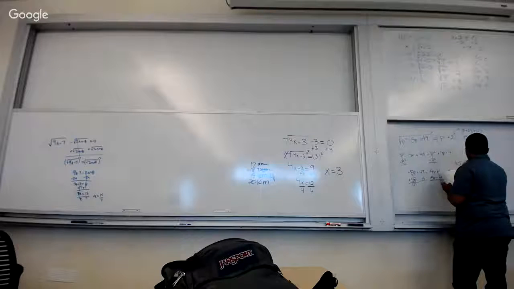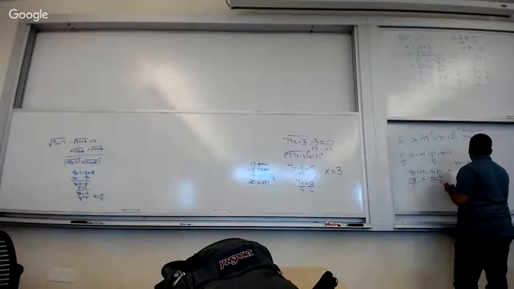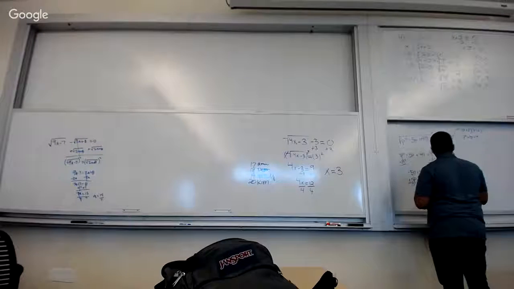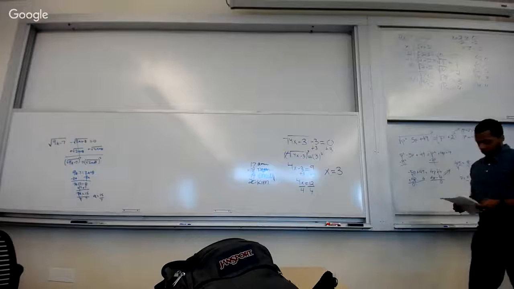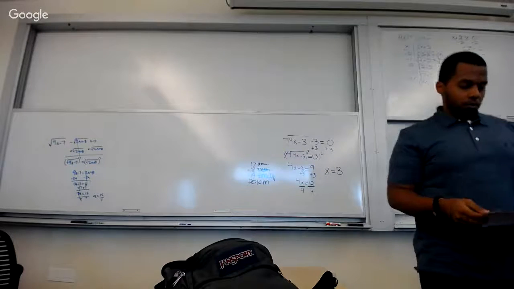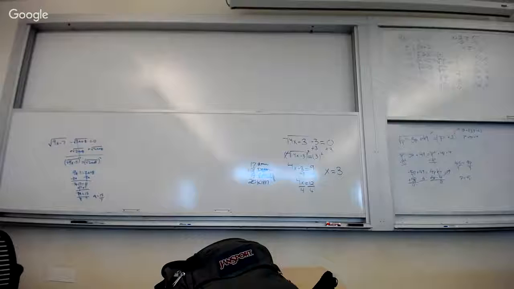So what do we have? We have 5 over root 7.